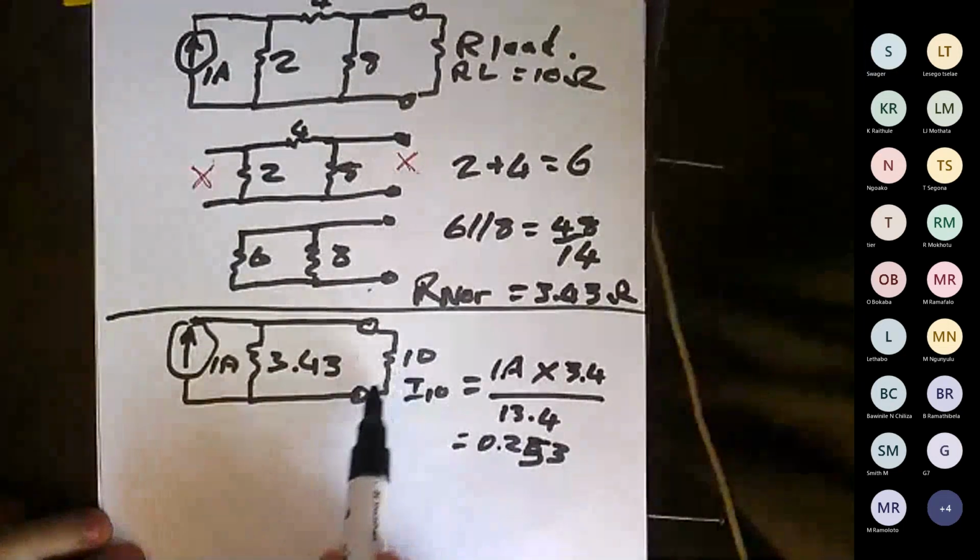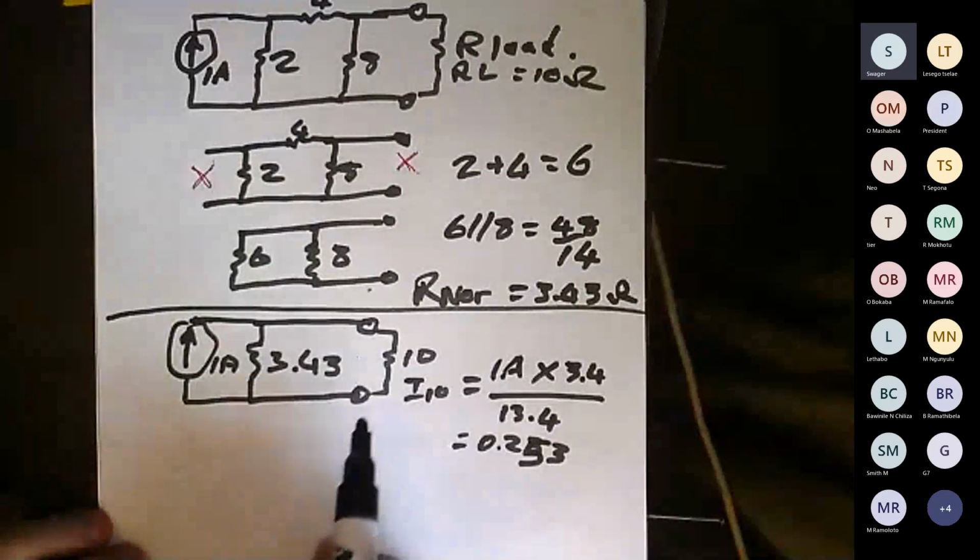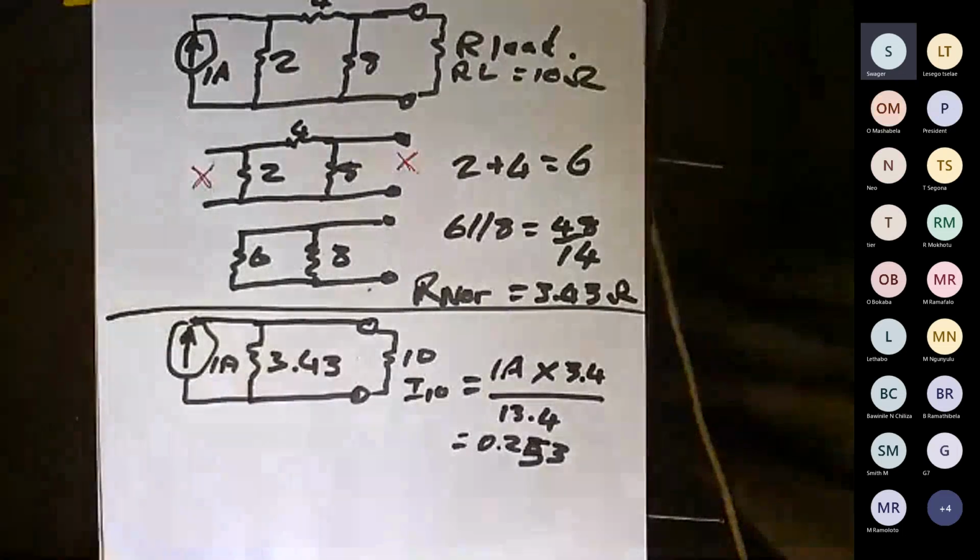It was to get the final current through the 10 now. But do we multiply the total current in the beginning with the resistor 3.4 or do we multiply with the resistor 10? What is your question? If we want current for I10, do we have to multiply it with the resistor for 3.43 or for resistor 10?